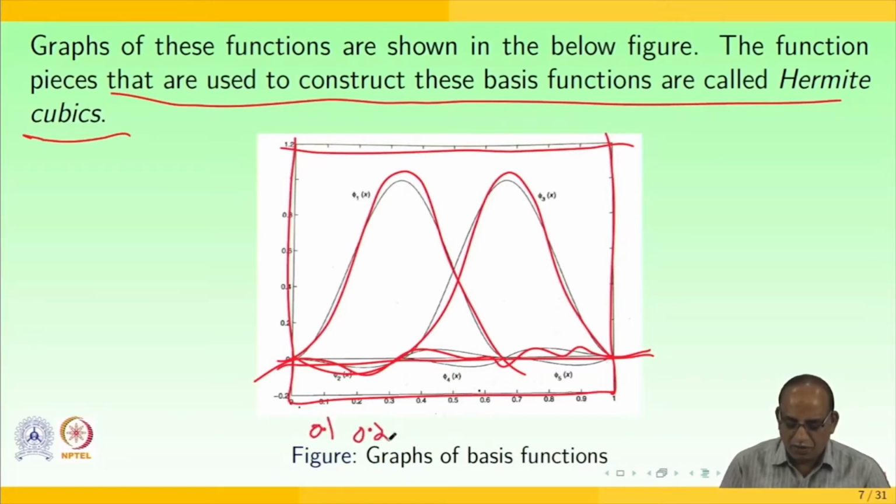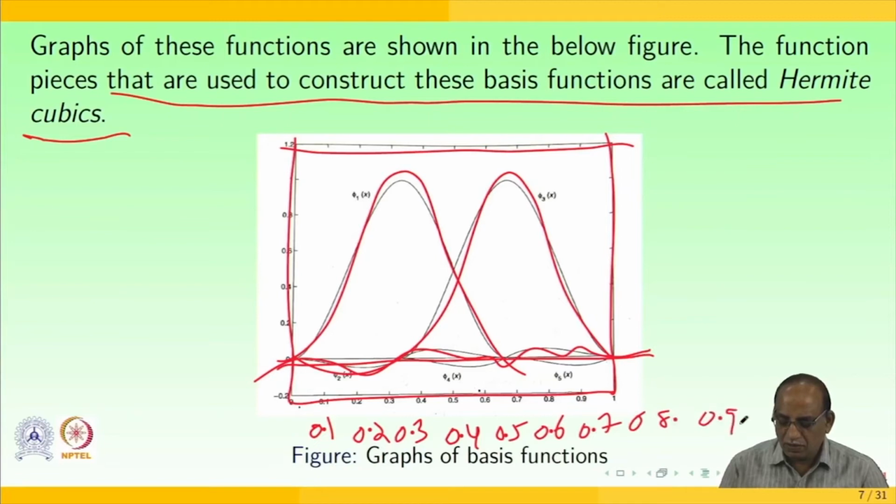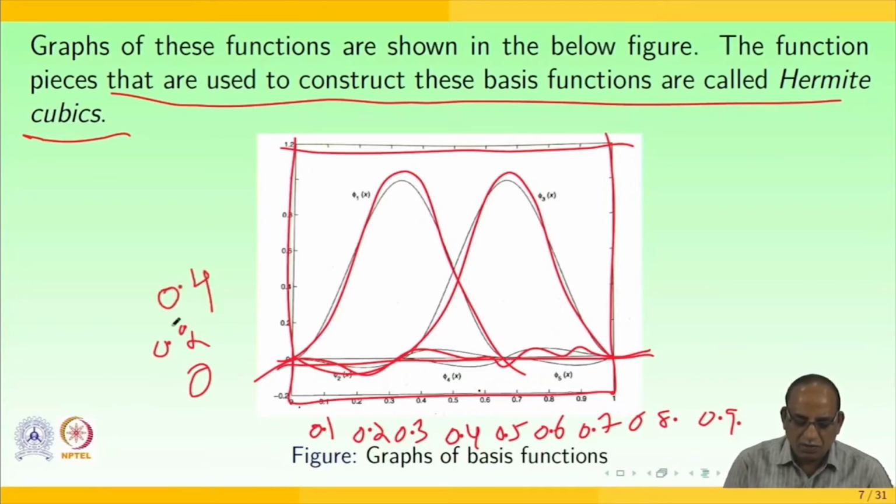Point 1, point 2, point 3, point 4, point 5, point 6, point 7, point 8, point 9, etcetera, on this side, and 0, point 2, point 4, point 5, point 6 on this direction.